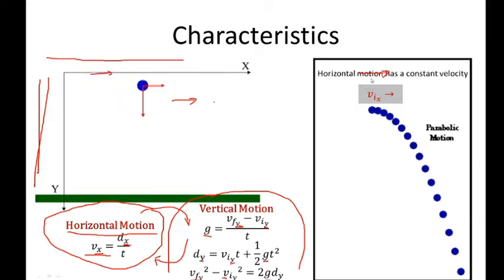This is from our first characteristic of projectile motion, that horizontal motion has a constant velocity. Therefore, its initial velocity vix should be equal to the final velocity vfx, because you can see from here that the velocity is constant.